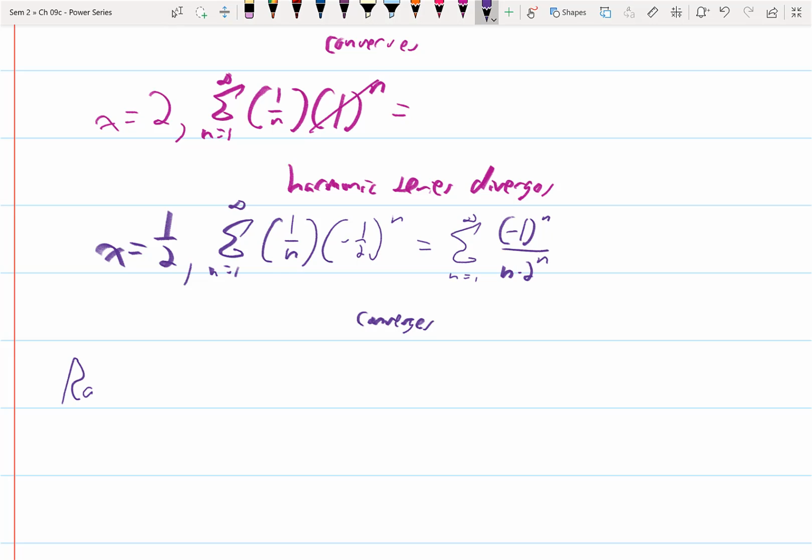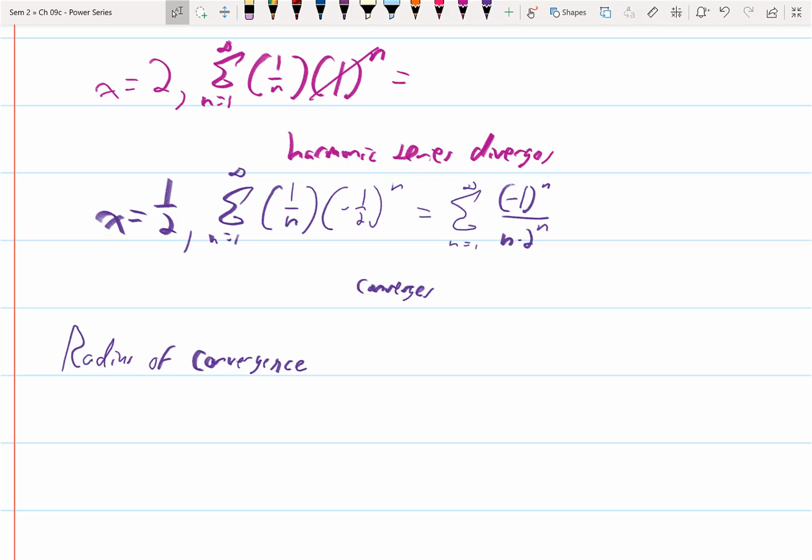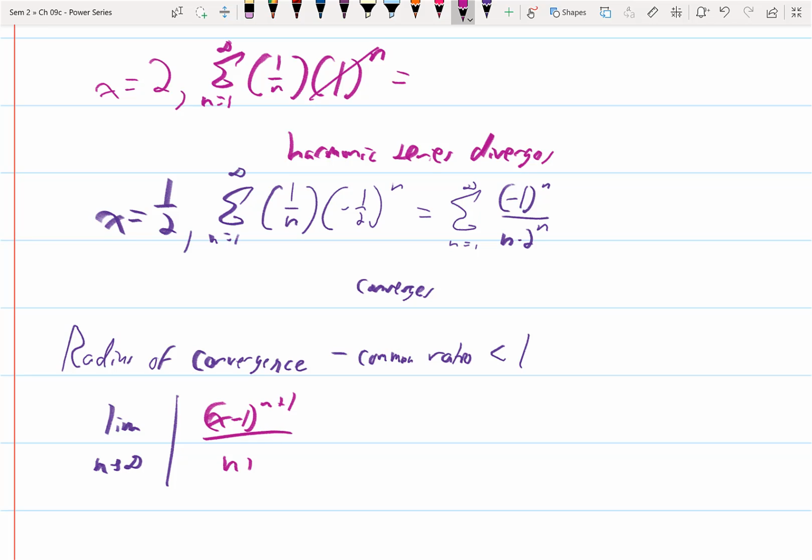The radius of convergence. To get the radius of convergence, what we're going to do is take the limit as n approaches infinity of, and we're going to do an nth term test, because what we need is the radius of convergence is when the common ratio is less than 1. In order for this thing to actually converge, the common ratio has to be less than 1. Well, the common ratio can be found by doing x minus 1 to the n plus 1 over n plus 1.